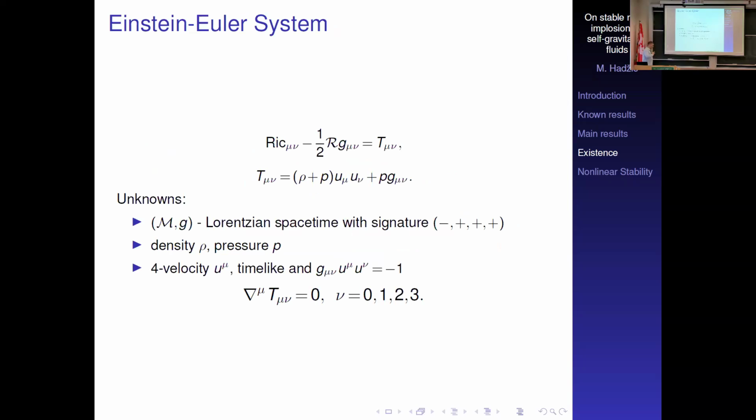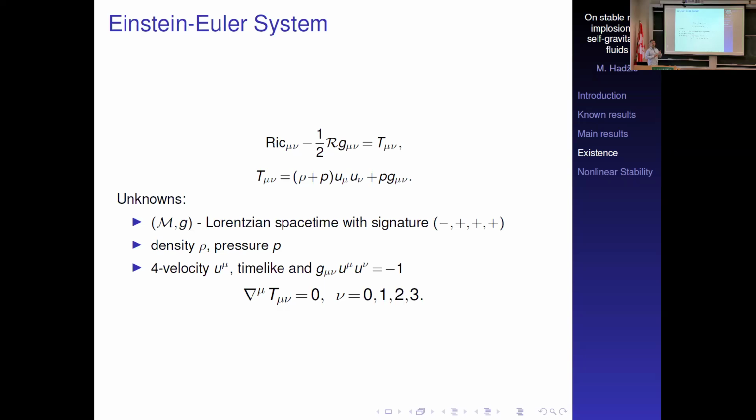So if you couple Einstein, say in radial symmetry, to Euler, this is the Einstein equation. And on the right-hand side, you see the energy momentum tensor associated with the fluid. The question is, can you find similarly imploding solutions?